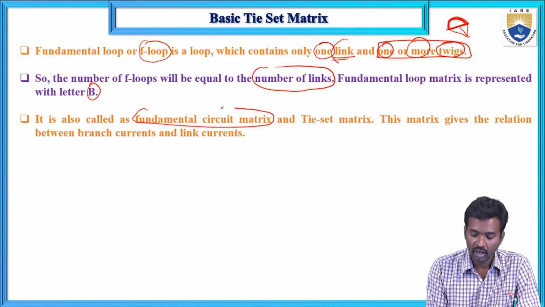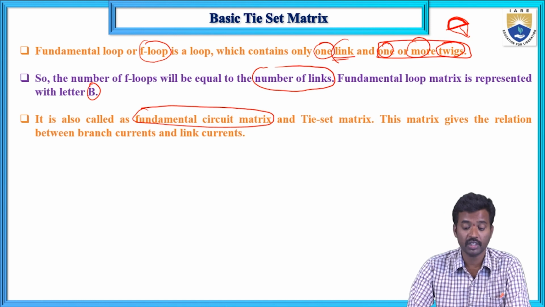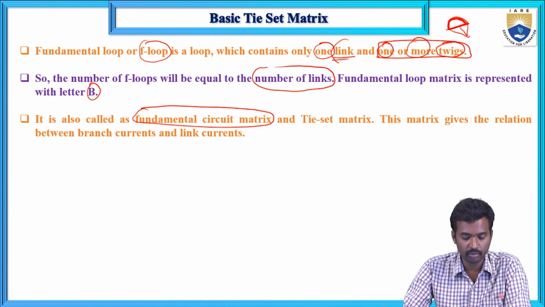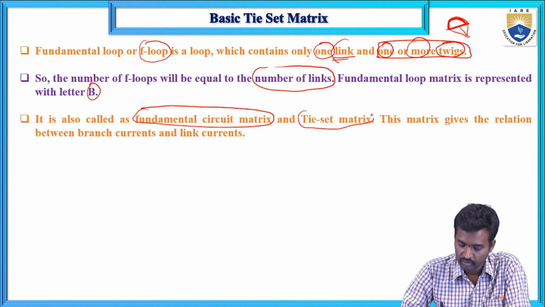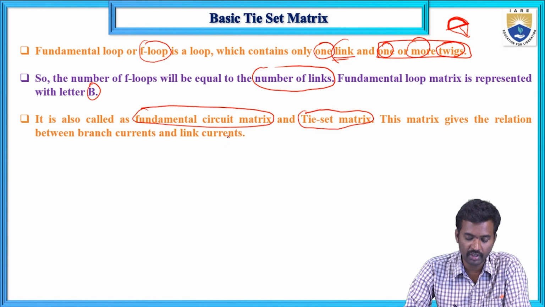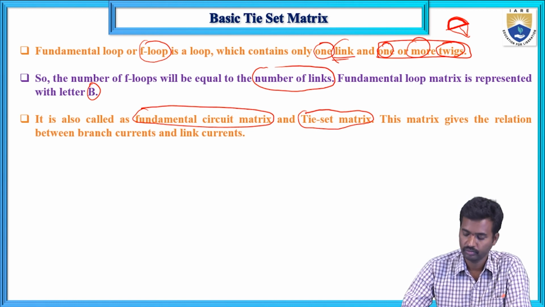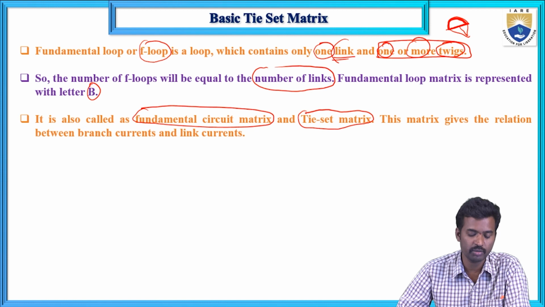The other names are F-loop, fundamental loop, fundamental circuit matrix, and tie-set matrix. This matrix gives the relation between branch currents and link currents. The number of links, number of loops, loop current means link current.